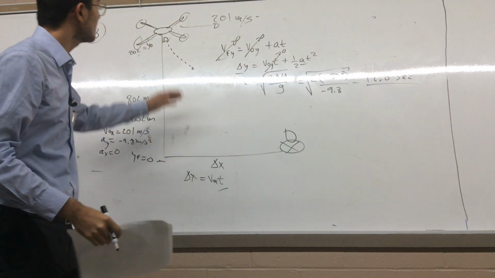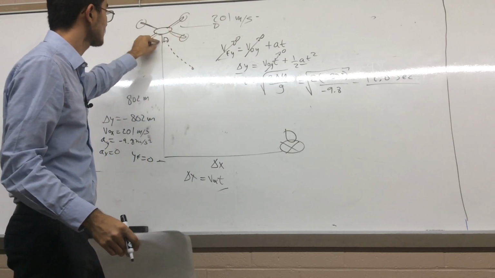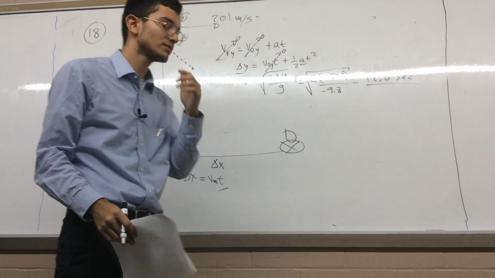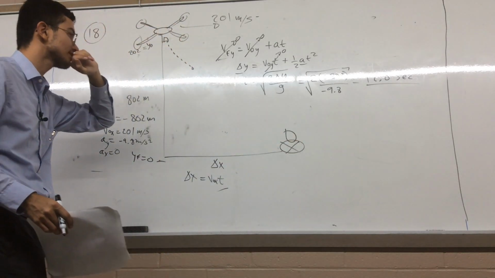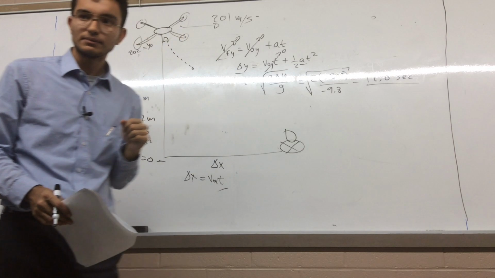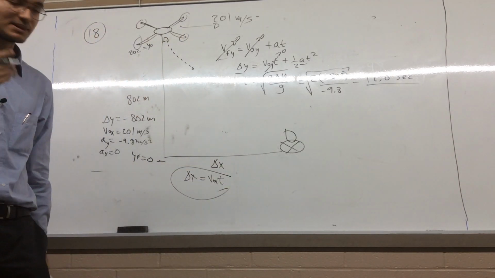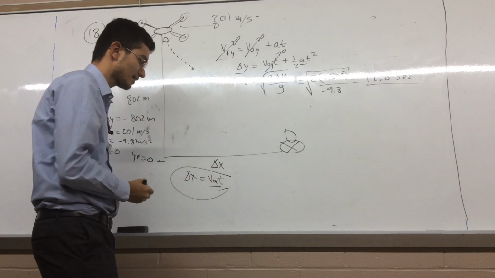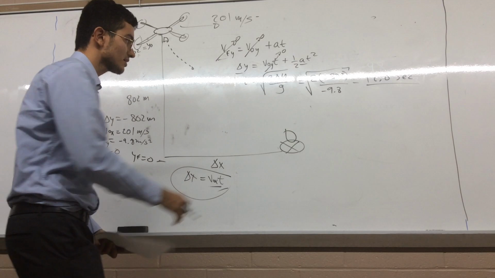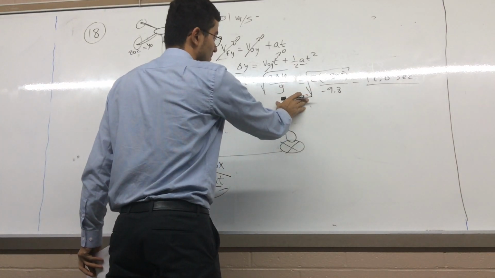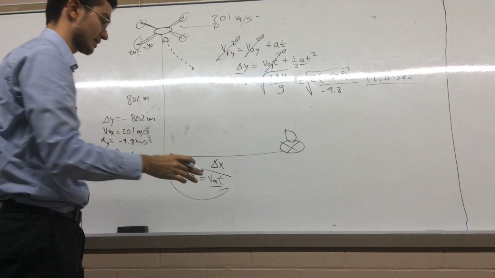So that's the time it takes for the package to go from this height to 0, independent of the x velocity, which is 201 meters per second. Now we plug it into here. Delta x equals v0x times t, because in this case delta x is dependent on the x velocity, while the time is independent of v0x.